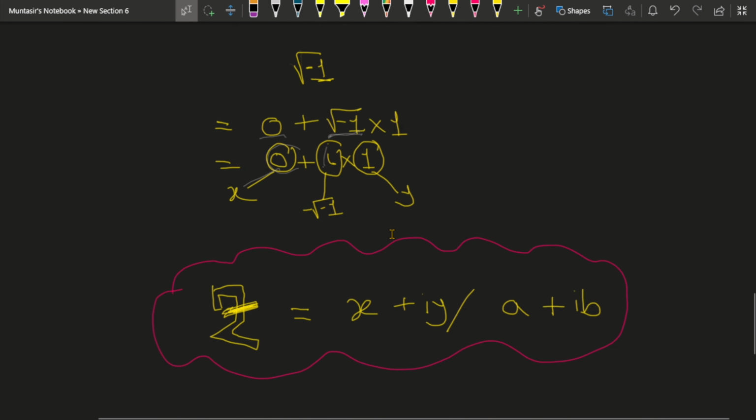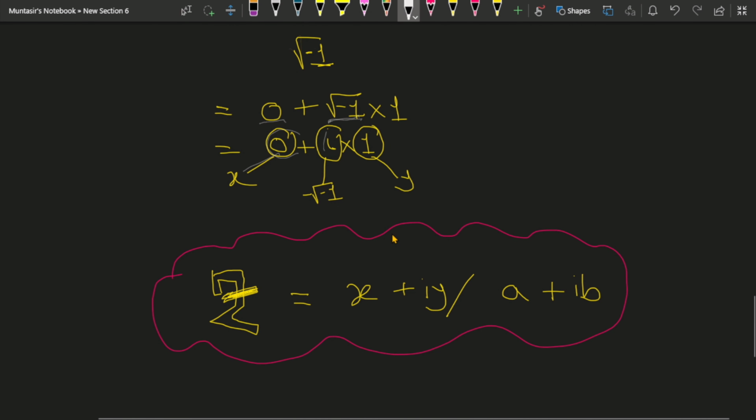And we can see that 0 and 1 are real numbers, right? They exist in our real life. Hence, we get this term z is equal to x plus iy or a plus ib as the general form or term of all complex numbers.